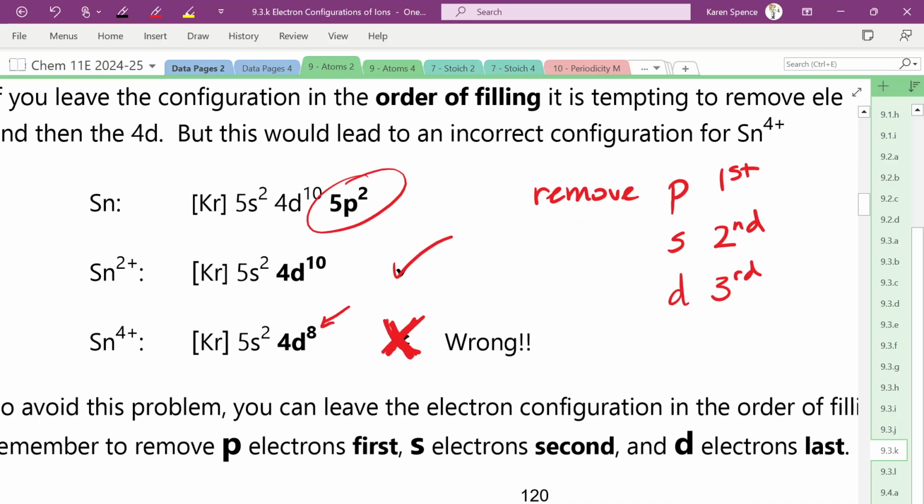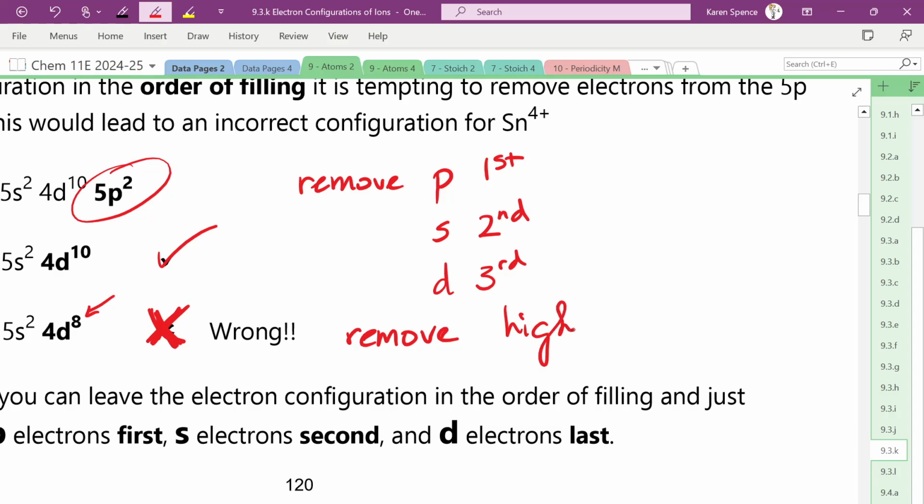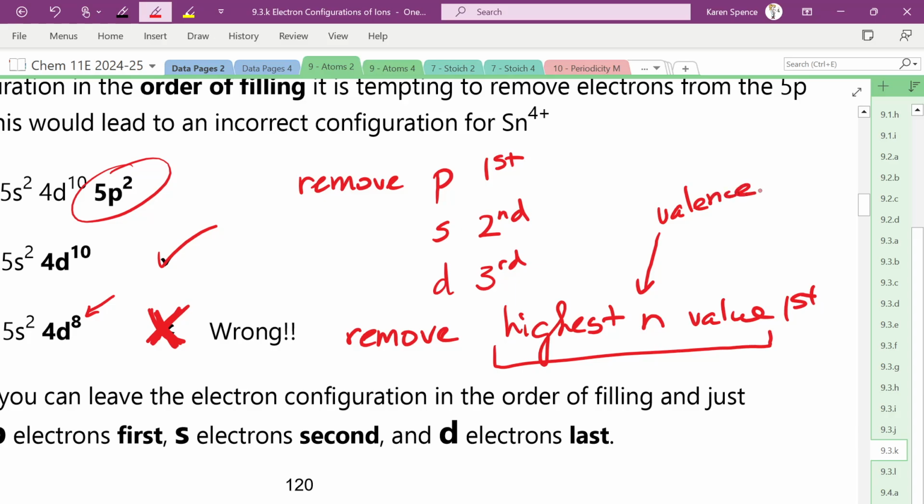And basically this works the same as removing the highest energy levels first. So all of the electrons in the highest energy level are the valence electrons? Yes. Those are our valence electrons.